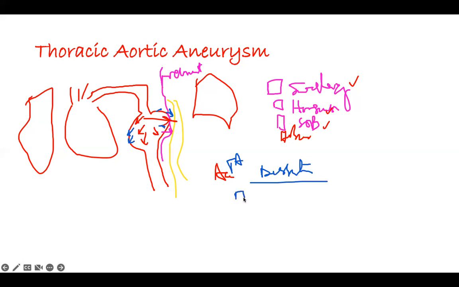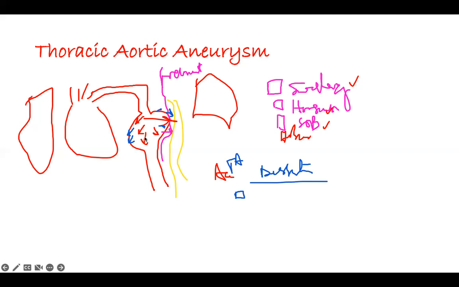How would that patient present? Look at it. You have an aneurysmal sac, a large bulge in your chest that is leaking blood into the back of the chest. And because it's pushing on a bunch of things, it is going to cause problems. Usually this does not just happen.